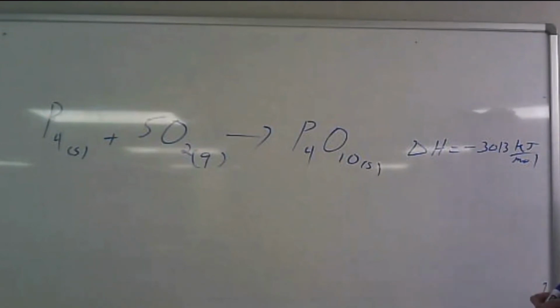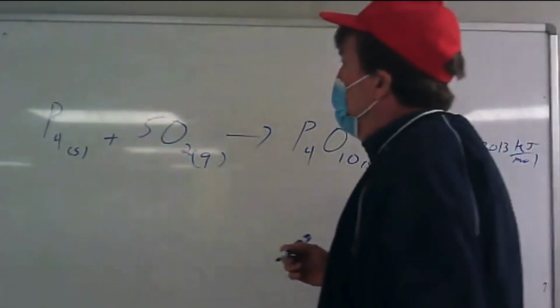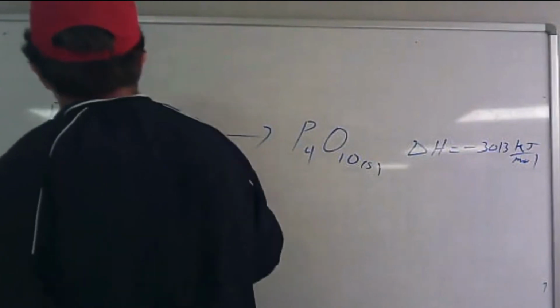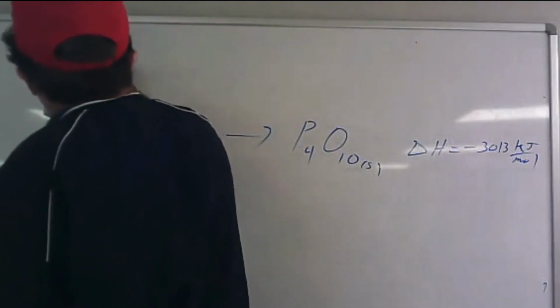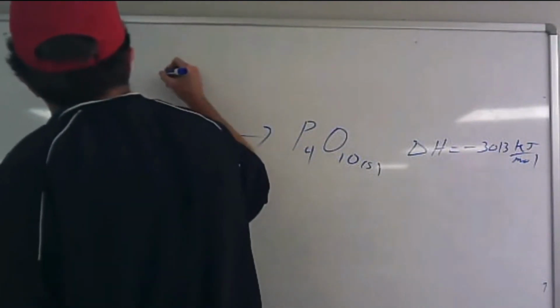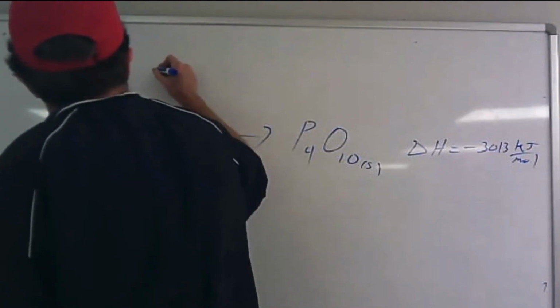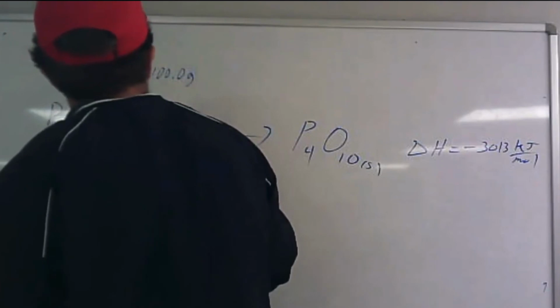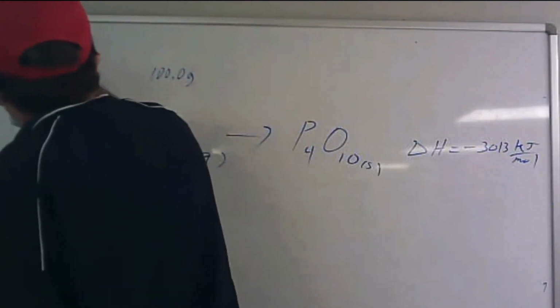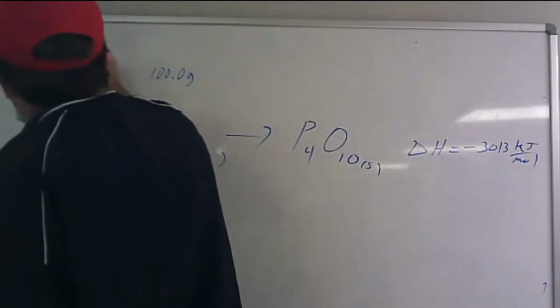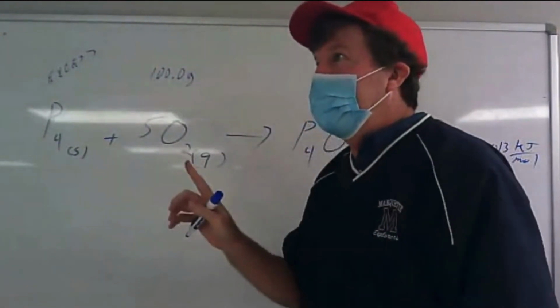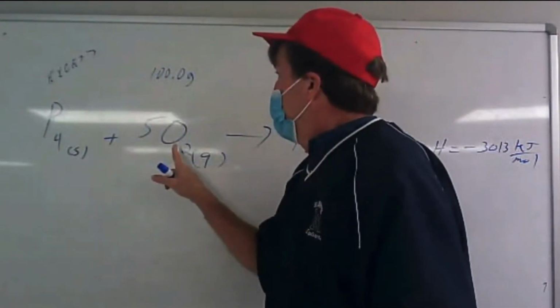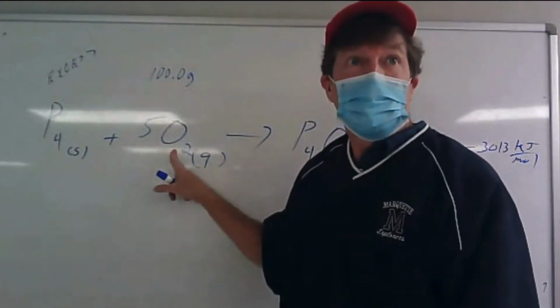Anyway, let's go with, let's say, let's go with 100.0 grams of O2. Excess here. By the way, you do realize that in the real world, this would be an excess, right?